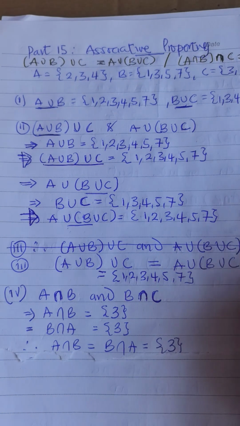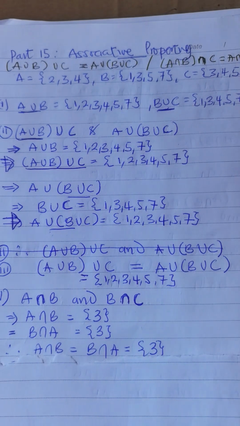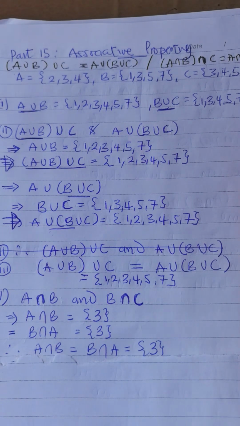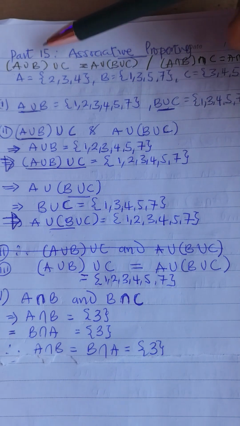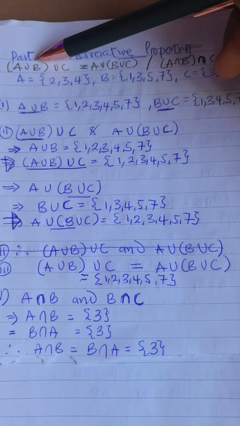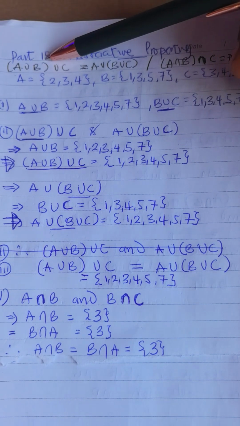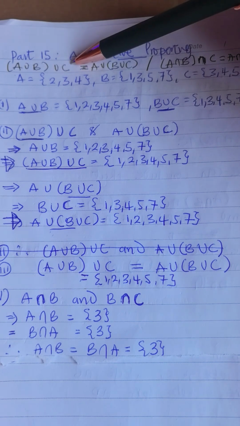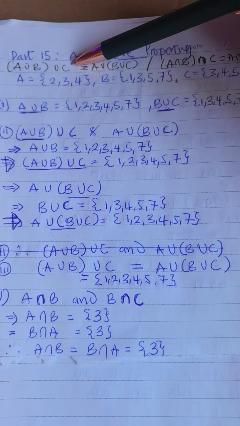Check here. These operations are basically done on union and intersection operations. We have A union B in brackets, then union C. This is one side of the equation.